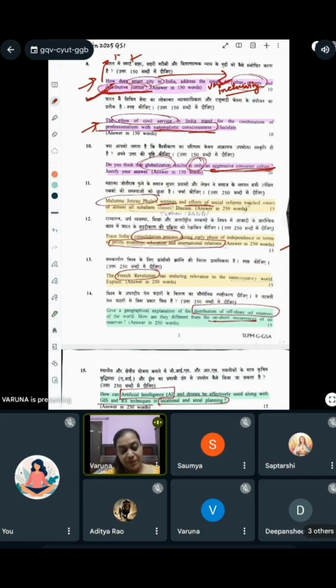Let's say this question has been asked in GS1. So we have to prioritize our points from the historical, societal and geographical perspective first. If it has been asked in the GS2 paper, then polity and social justice should be highlighted more. If it is asked in the ethics paper, then accordingly we have to maintain the priorities.